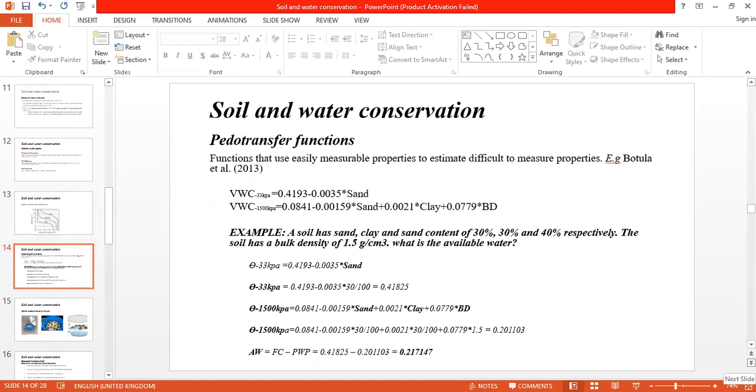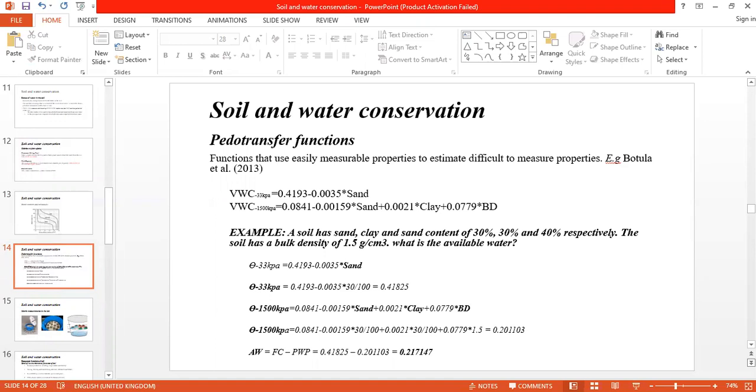As we go, I think we just have about 2 or 3 more slides to go. The other way that you can estimate this property, the working point and the field capacity, is through what we call pedotransfer functions. I don't know if you've heard of them.